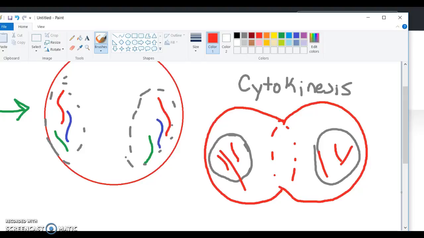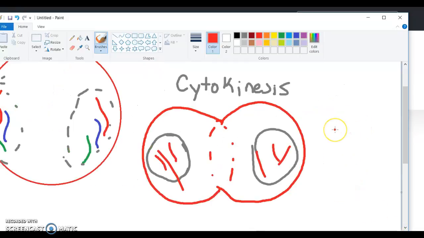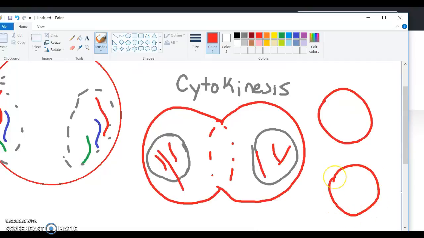And it forms by microfilaments. And this pinches tighter and tighter until we get our 2 new cells. And they have their nuclei. And they're fully functional and ready to go, right?